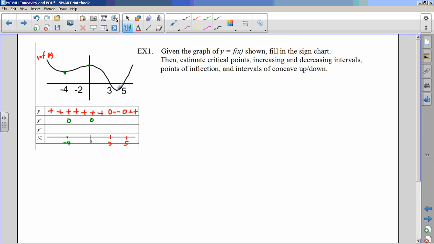Right there at 4. And then if those are the cutoff points, we can decide where the function's increasing or decreasing, right? So along here it's decreasing, so the first derivative would be negative. Here it's increasing, so the first derivative would be positive. Decreasing, increasing.